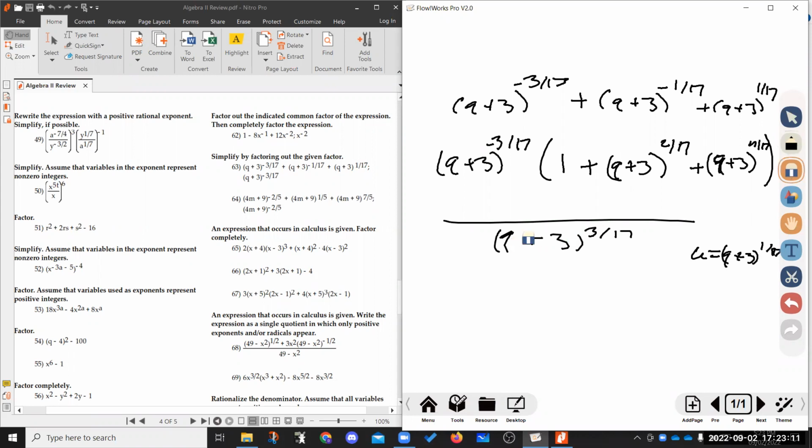So I'm going to call this denominator u to the third, and I'm going to make this numerator 1 plus u squared plus u to the fourth.